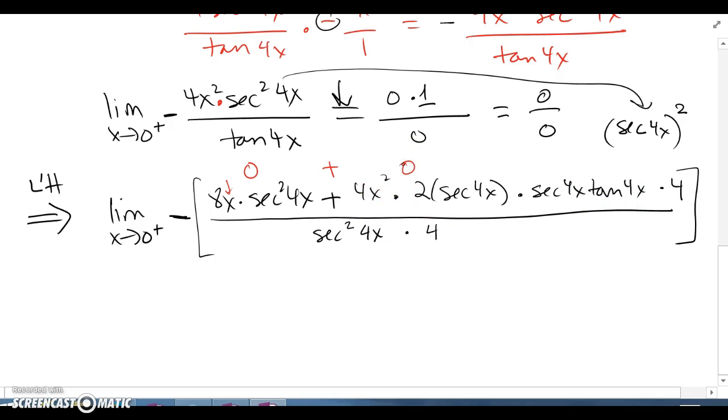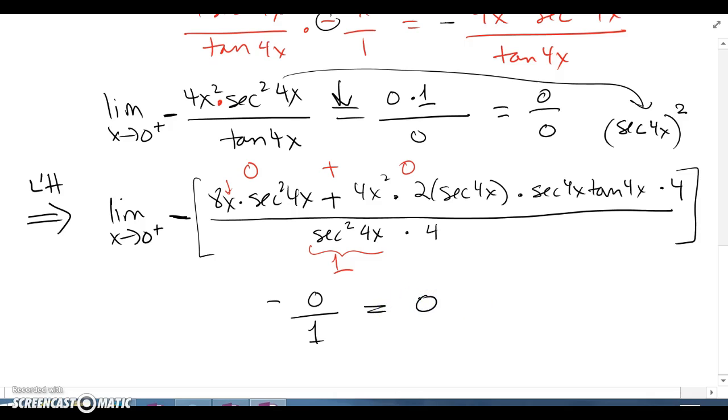So upstairs I basically have 0 when I plug in 0 from the right. Downstairs I have secant squared of 0, which is really 1 over cosine squared of 0, which is 1. So downstairs it looks like I have a 4 in this case. So I end up with 0 upstairs, and this negative, who cares? And downstairs I end up with a 1, and 0 over 1 is 0.